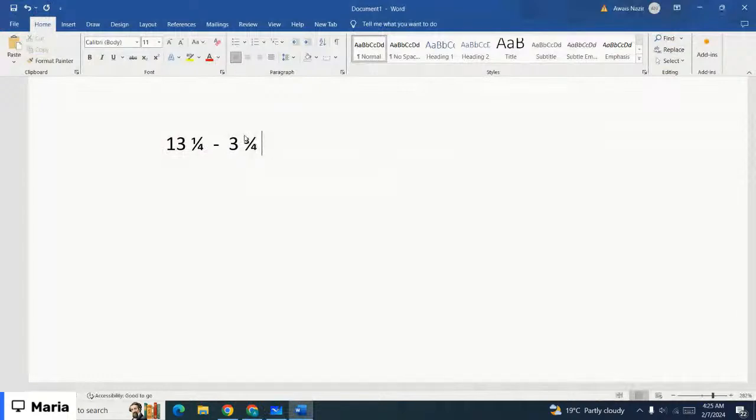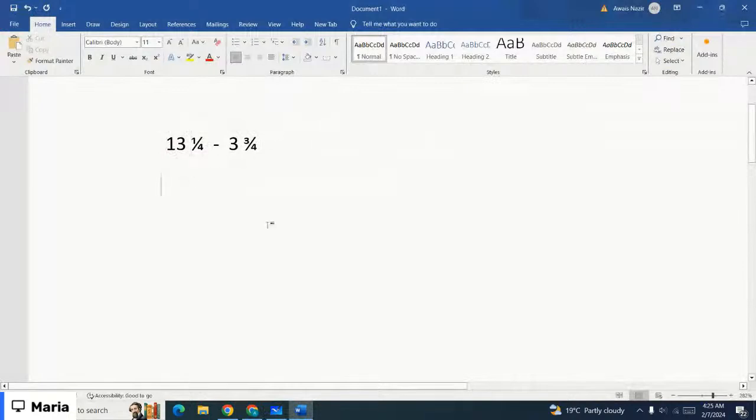Just look at their fractional part, right? You can simply do 13 minus 3 with the whole numbers. But with the fractional part, you cannot do 1 by 4 minus 3 by 4, right? Why? Because 1 is smaller than 3. You cannot subtract a greater number out of a smaller one, isn't it? So you need to break down this 13 to make this number greater than 3, right?